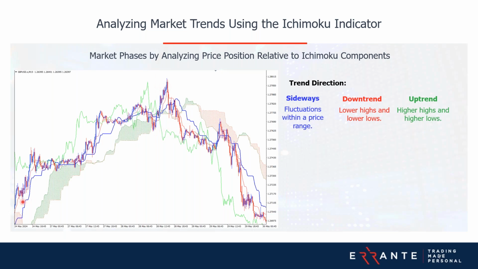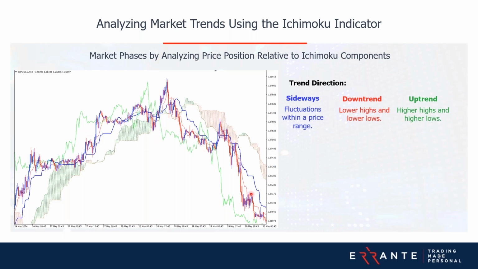So we have here an uptrend where you see we have typical higher tops and higher bottoms in the price, where the prices are moving above the Kumo, above the Tenkan-sen and Kijun-sen, and the Chikou span as well. Okay, so these are the characteristics of an uptrend.